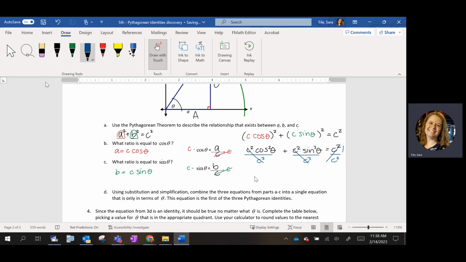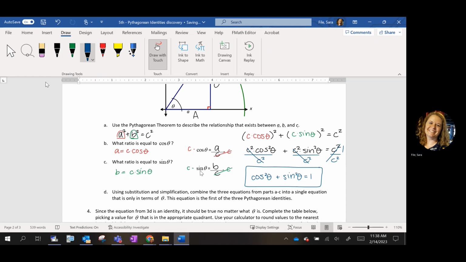So that ends up being cosine squared of theta plus sine squared of theta equals 1. So now I used Pythagorean theorem and my trig ratios, and I did substitution and simplification, and that's only in terms of theta now, right? The only variable here is theta.